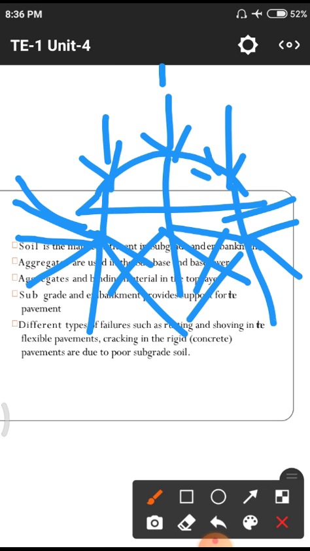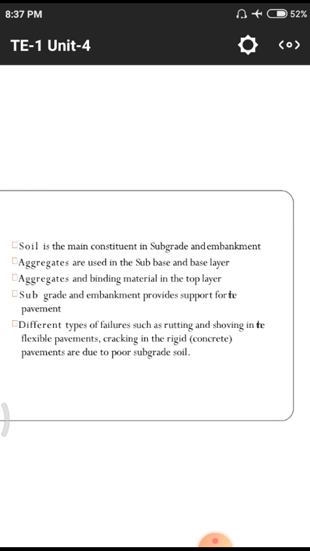This is the force applied from a particular point, so the force subdivides into a number of parts, and those parts are delayed by the subgrades and embankments. If there are no proper embankments, due to the force from the tires, the total road will collapse in months or weeks of time. So some quantity of embankment is required for every road.